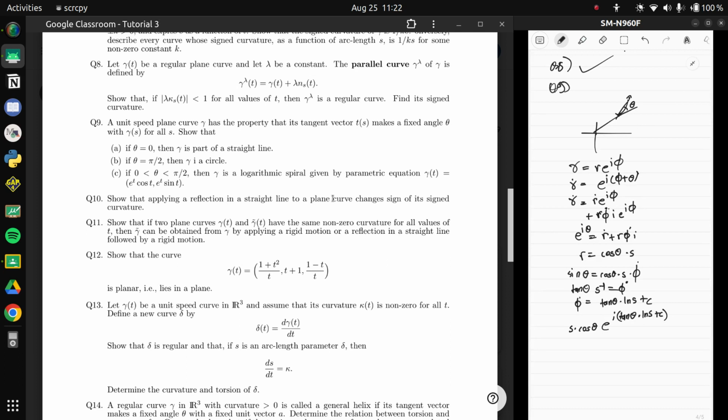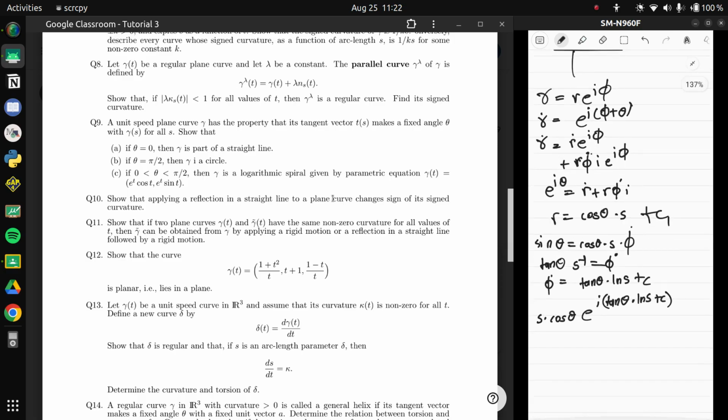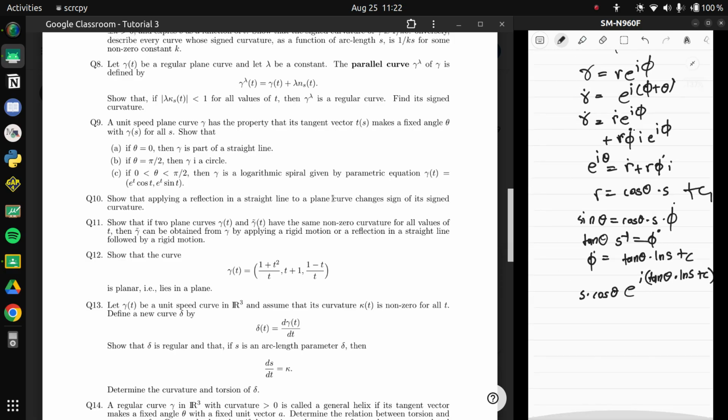Similarly for r, we actually don't know what the constant is, it seems. Oh, this was r dot, sorry for that. Okay, no wait, this is actually right. It's just cosine theta times s plus c1, that's the problem. So it's supposed to be this stuff plus some c1, or let's just call that r0, that's better.